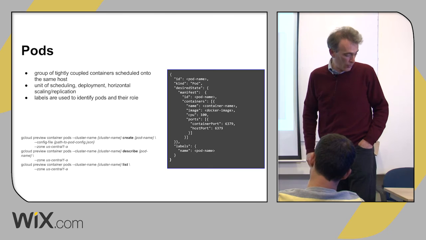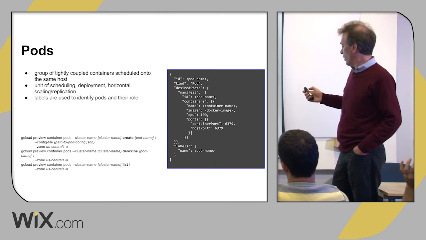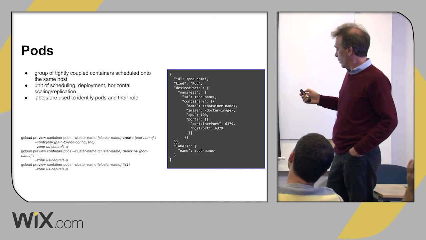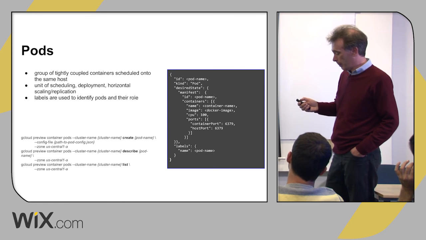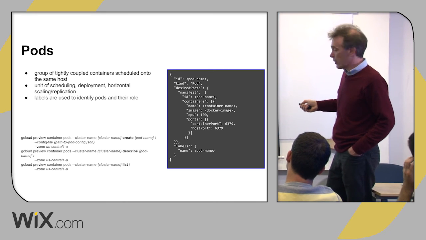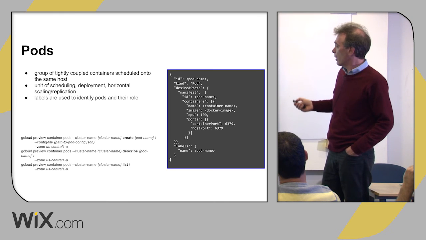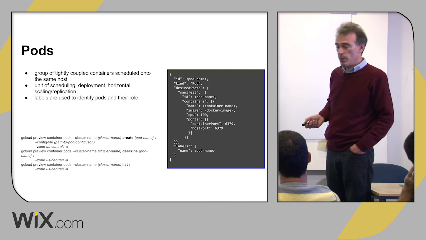Once we created our cluster, we specify our pod. We provide the Docker images, and now we can ask the master node to create these pods.